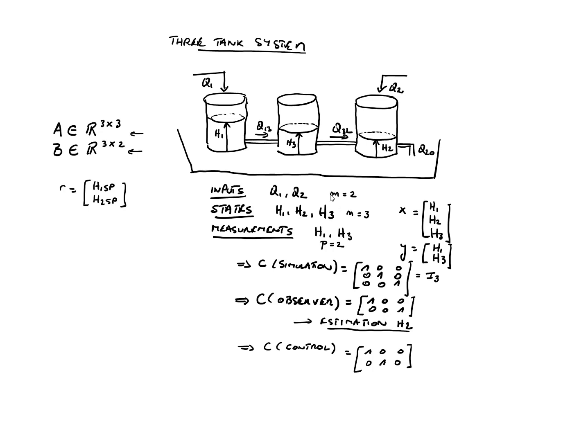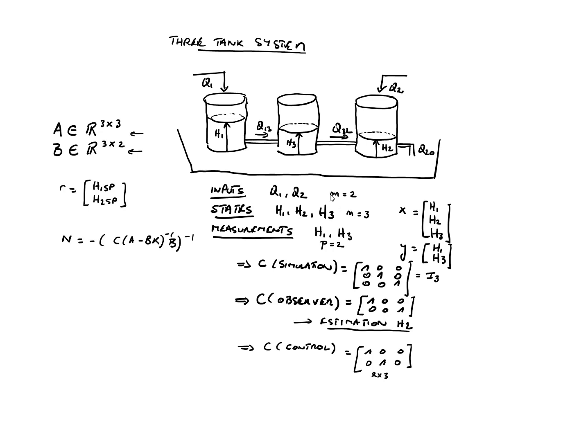So we can now have a look at the N, and the N is minus C (A minus B K) inverse B, the whole thing inverse. Okay, so in this case you can see that this matrix here is a 2 by 3 matrix.